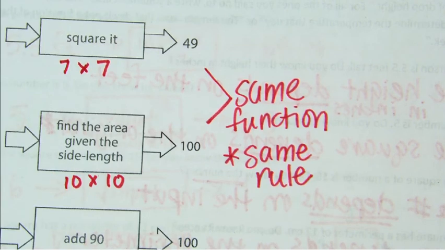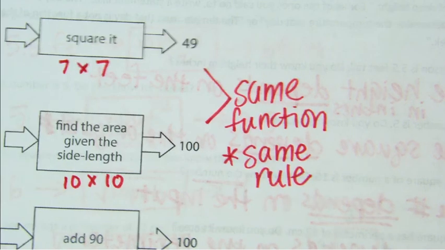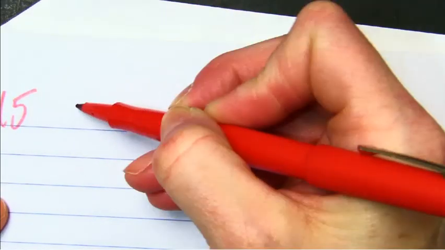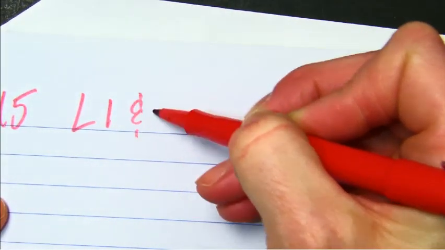Okay, so open your math notebooks and we're going to copy a couple things down. I'm going to put together yesterday and today into a quick short summary for you. Okay, so title your page, Unit 5, Lesson 1 and 2.